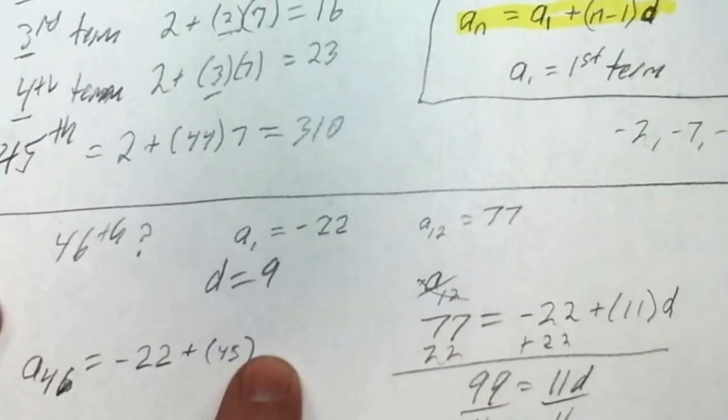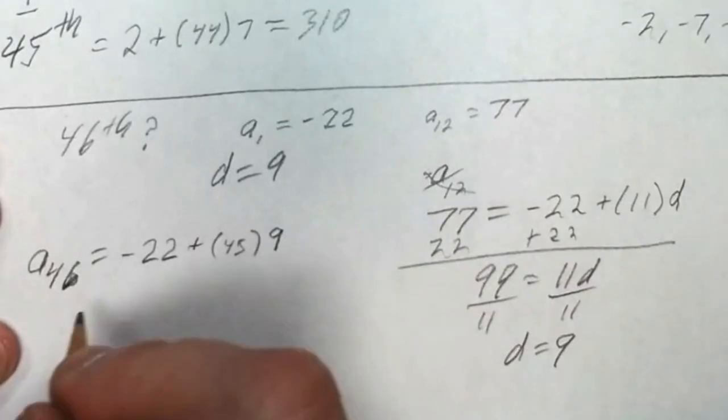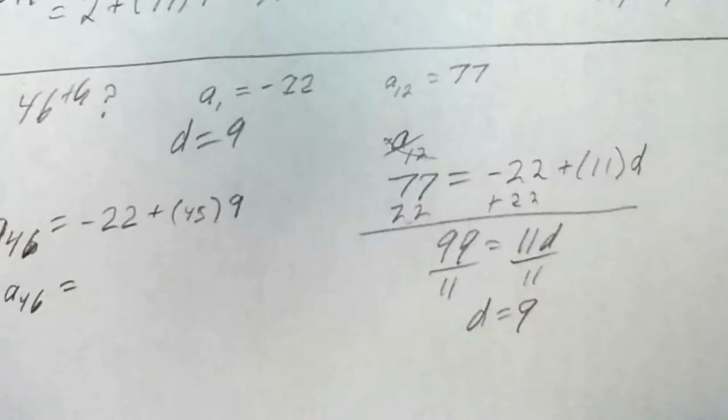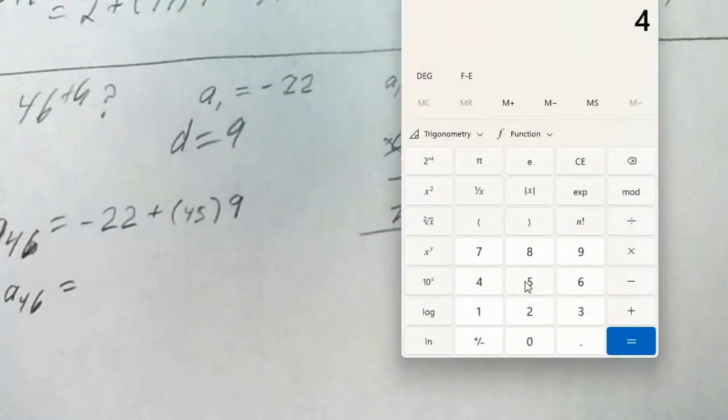Times the common difference. A 46 equals 45 times 9 plus negative 22. Or I could have said just subtracted.